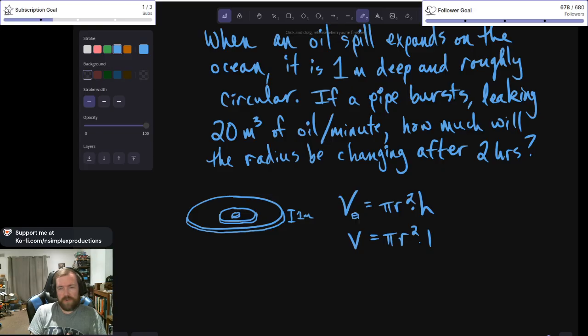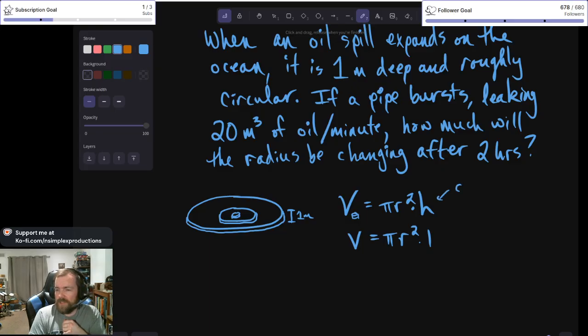So this problem is going to reduce to our volume is going to be equal to pi r squared cubic meters. Just a little bit weird to look at, but it's fine. You just have to remember what's going on with our h. We can make this a much more complicated scenario if you really want to, but no. Don't do that.